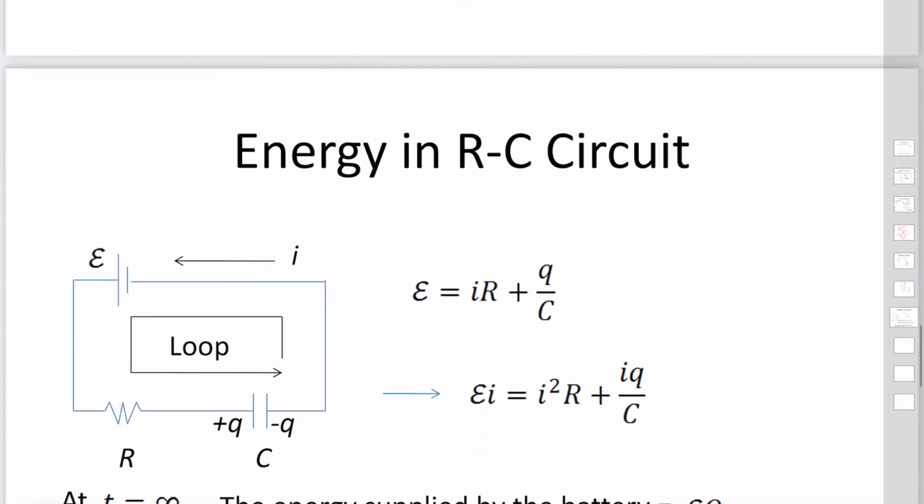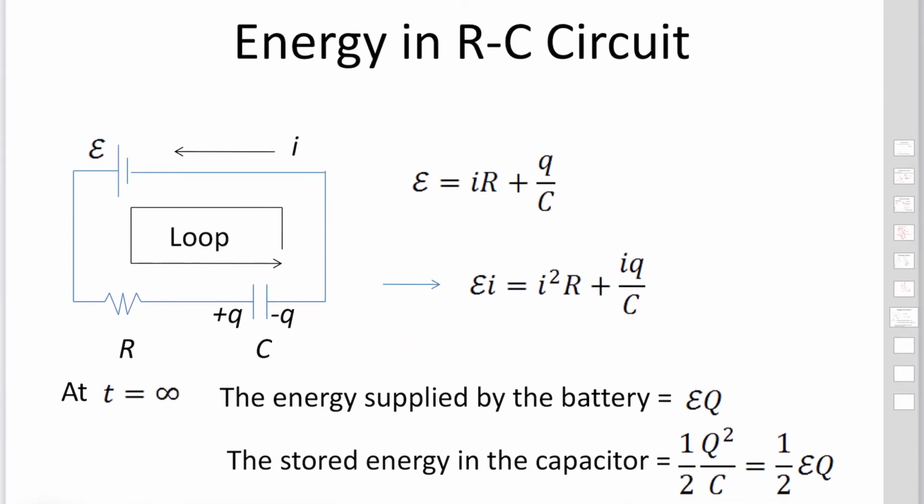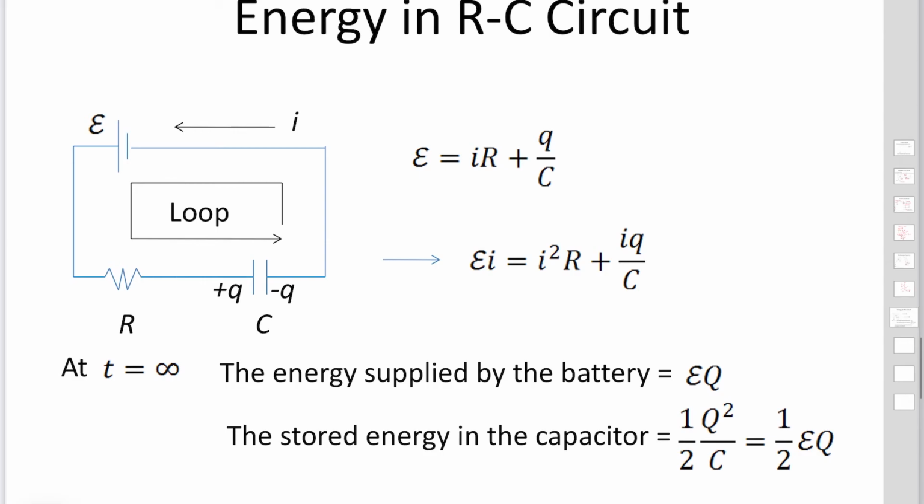Then the last topic is the energy in the RC circuit. So these are the basic equations.